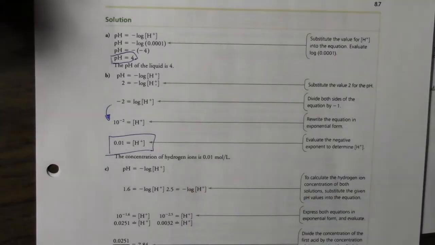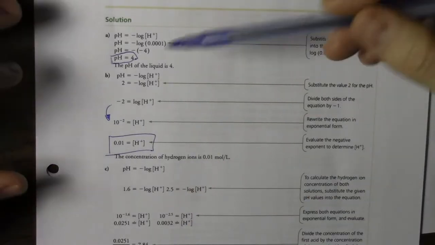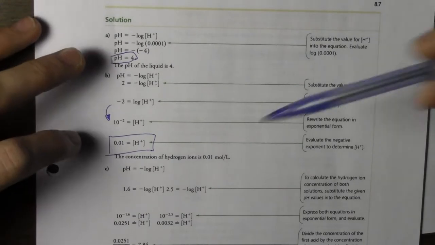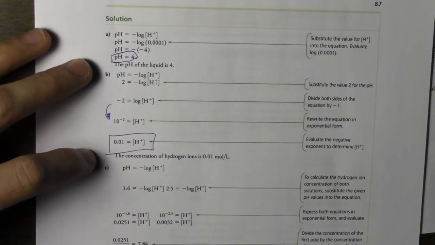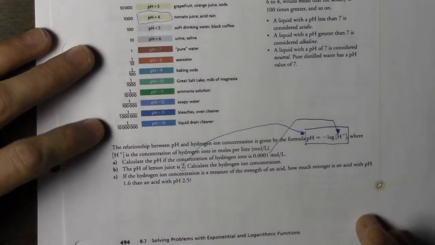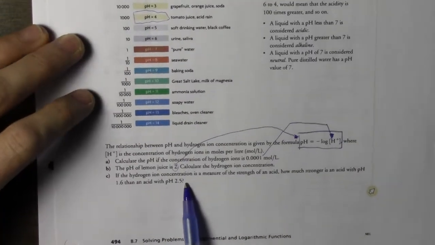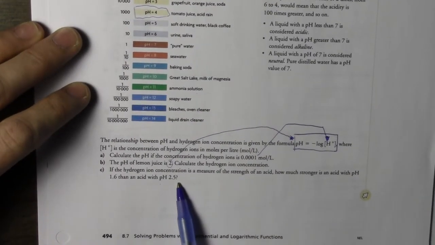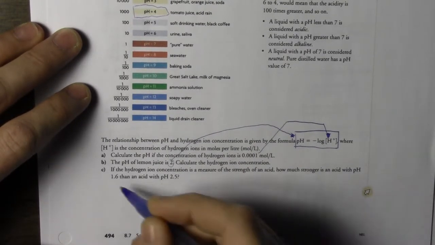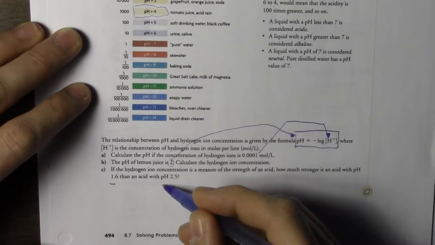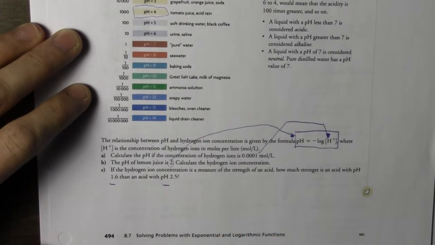Again, there's not much new from yesterday. We're just taking word problems and now applying the logarithmic laws that we've learned to solve for the unknown. Finally, the last part says if the hydrogen ion concentration is a measure of the strength of an acid, how much stronger is an acid with pH 1.6 than an acid with pH 2.5?